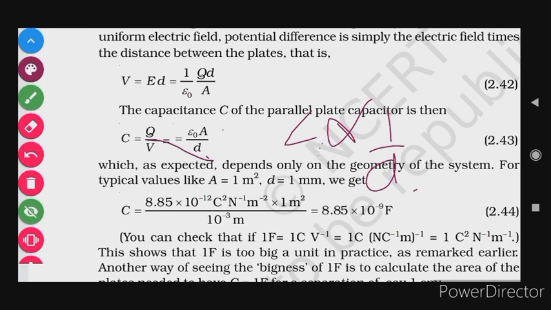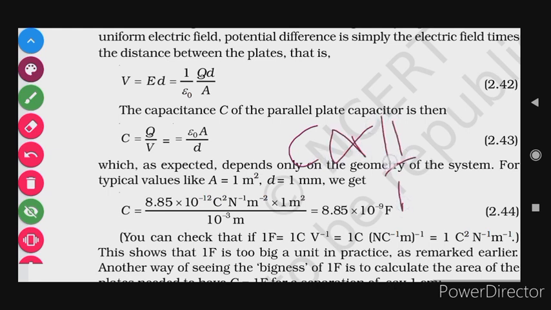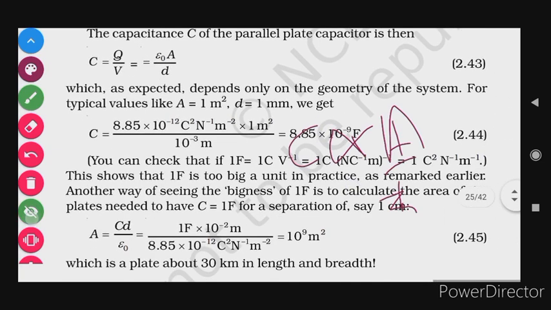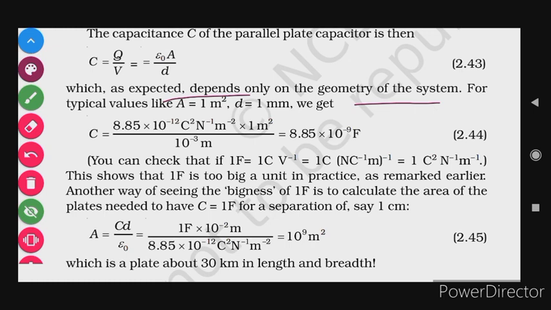Similarly, if I keep the distance fixed and increase the area, capacitance is directly proportional to area, so on increasing the area of the plates, capacitance will increase, and on decreasing the area, capacitance will decrease, which, as expected, depends on the geometry of the system. It depends on the distance between the plates and the area of the plates.